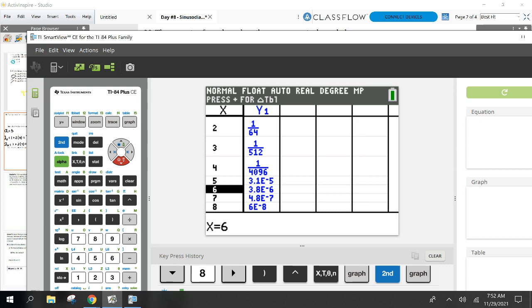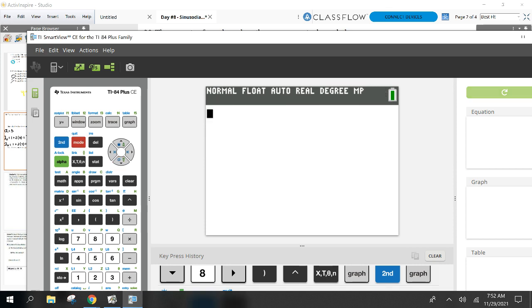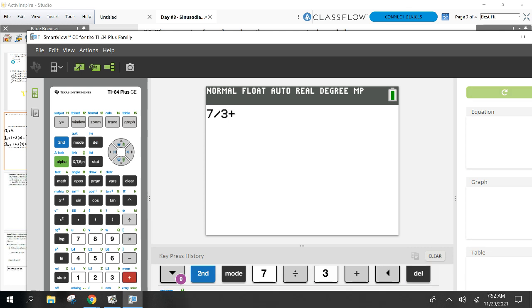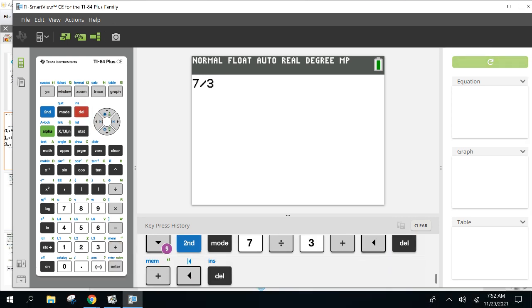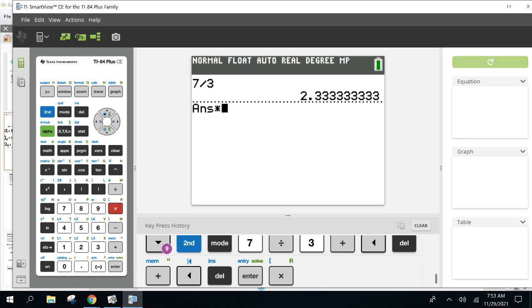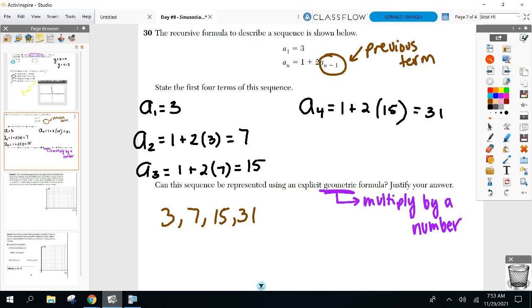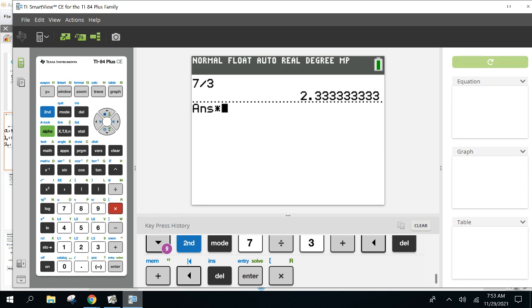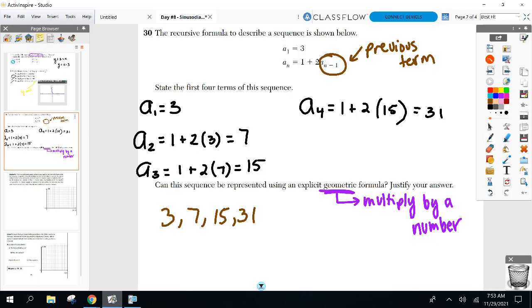Here you go. 7 divided by 3. That'll tell me what I need to multiply by. So 7 divided by 3. Come on. All right, whatever that is, times 7 should give me 15, right? The next number times 7. That doesn't give me 15, does it? So is this geometric? Nope.